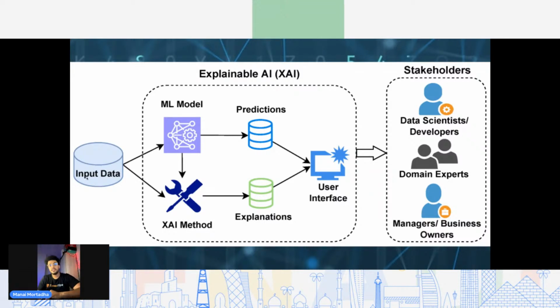So AI or XAI is going to start with input data, whatever data type it is. Here is your way to make a basic AI model: just put this input data inside a machine learning model, whatever machine learning model you are going to build.